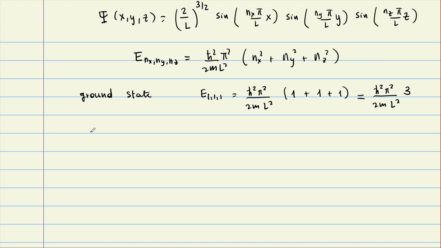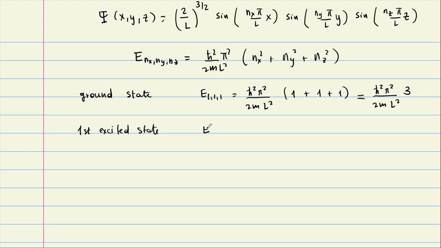Now let's consider the excited states. Let's consider the first excited state. Now I have options, right? It seems like there's only one ground state. For any other nx, ny, and nz combination, it's going to be a higher energy. Now I have to choose other n's, and the next available n is 2. But I can put 2 in the x component, the y component, or the z component.